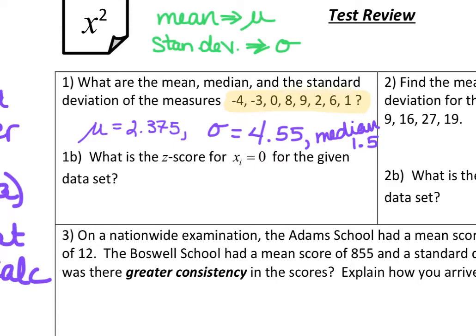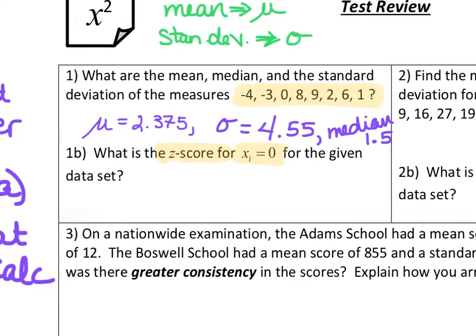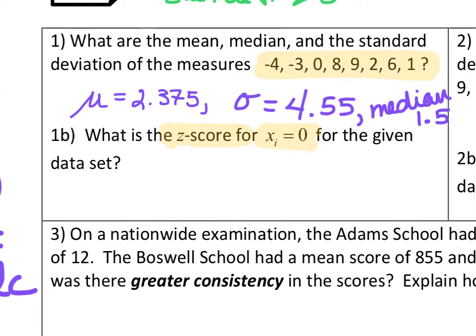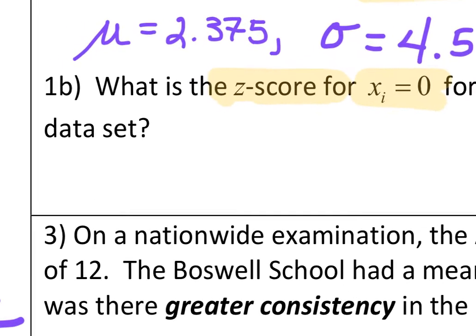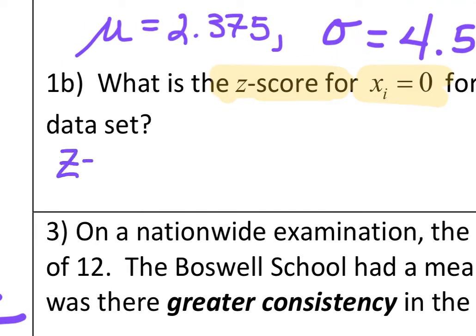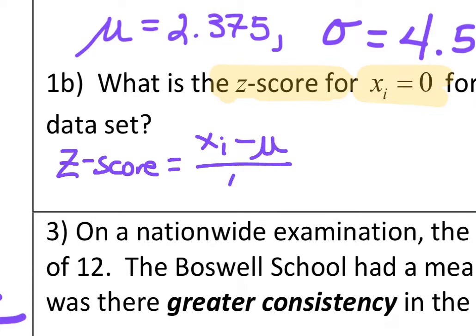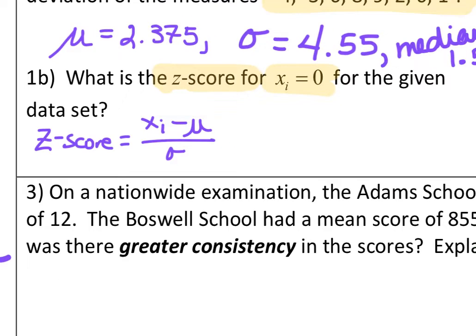The next question using the same data is that you're asked to find the z-score for a score of 0. And remember that you will be given the formula for a z-score, which is that the z-score is equal to whatever element of the data minus the mean divided by the standard deviation.